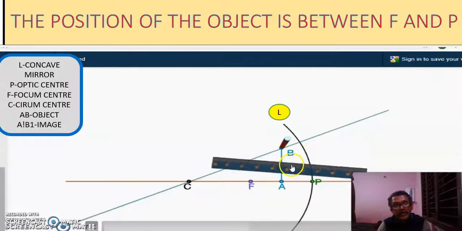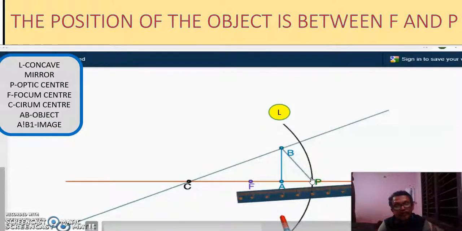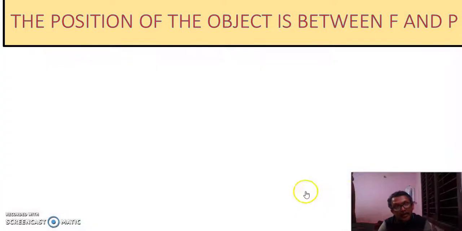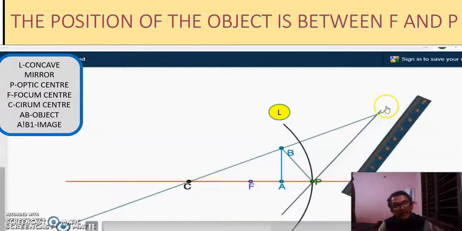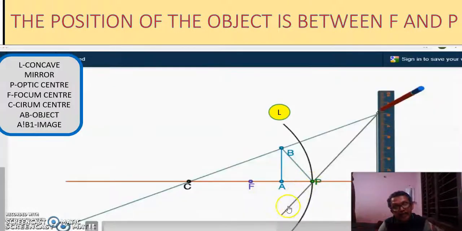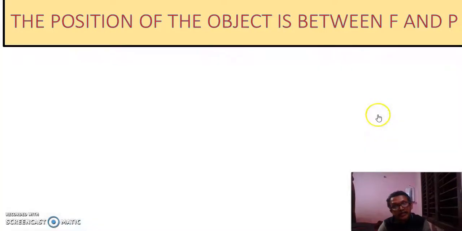And draw another line which falls on this P and reflects at the same angle, and produce the ray behind. Remember, it reflects at the same angle. Now they intersect each other.